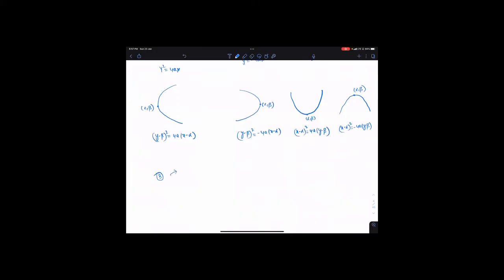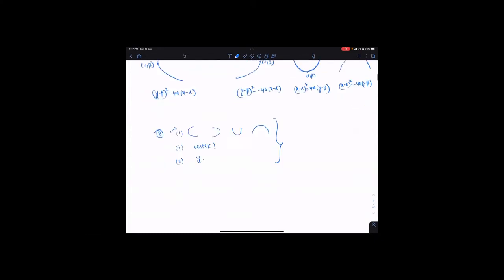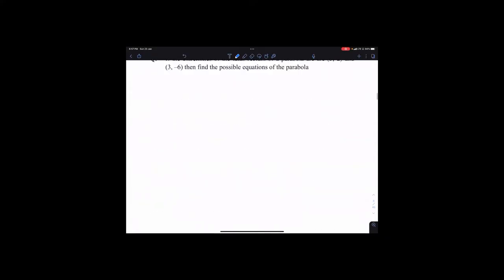First, how the parabola is opening: right, left, up, or down. Second, what is the vertex? And third, what is the value of A for this parabola. If you know these 3 things, then you can write the equation of the parabola like above. Keep that in mind, guys.